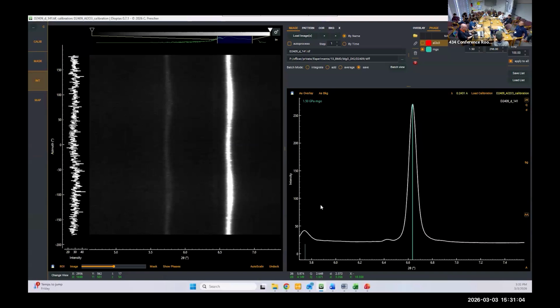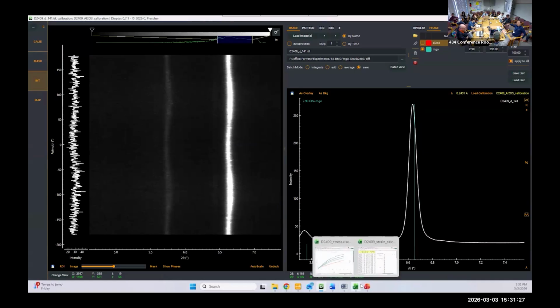In this case, we didn't increase the temperature, so it's not a factor. But you see how, when I'm increasing this pressure number in the JCPDS file that Pam talked about, which has the bulk modulus and its derivative, it just runs through that equation.